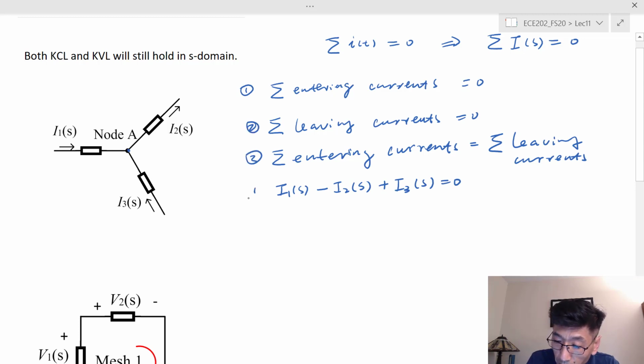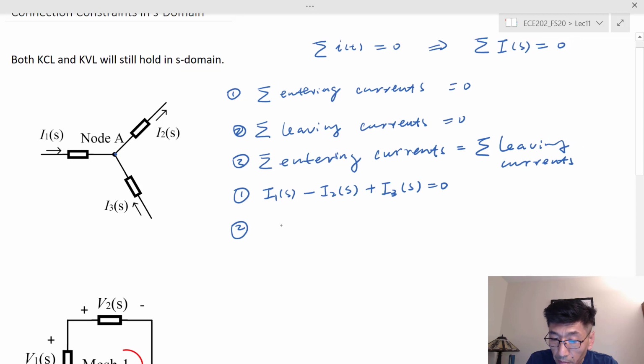So I'm writing this equation using the first flavor, and the second flavor is the leaving currents add up to 0. In this case, the first current, since it's entering I sub 1, negative I sub 1 will be leaving. And I sub 2 is leaving already. And I sub 3 is entering, so negative I sub 3 should be leaving.